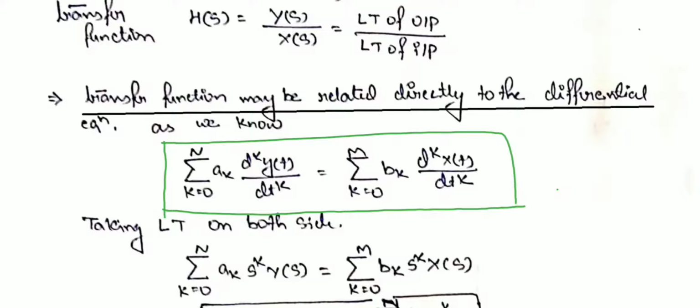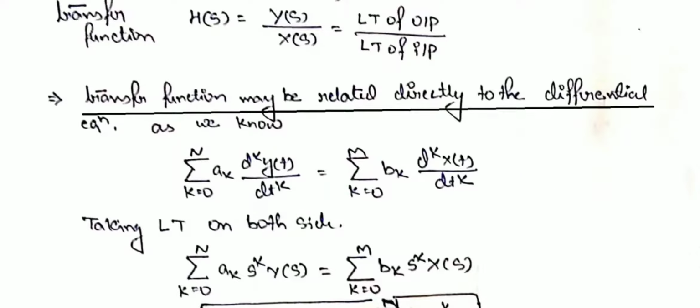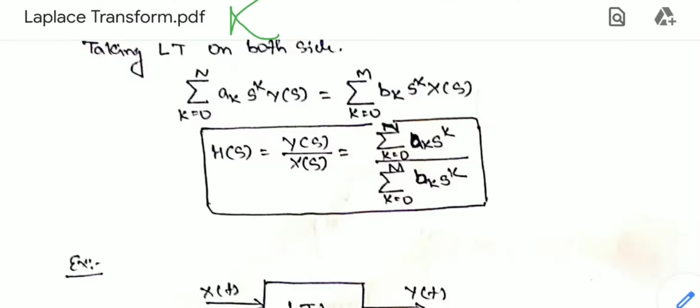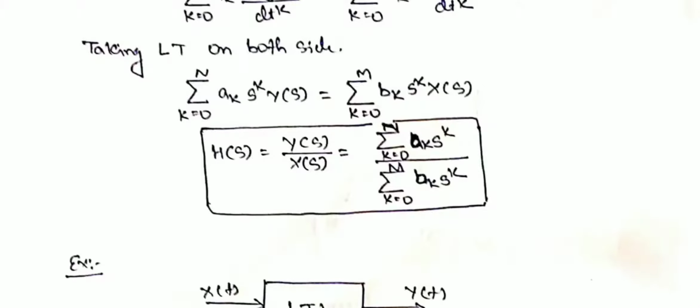If we take the Laplace transform on both sides, the system stays the same, but x(t) becomes X(s). We know the property that if we differentiate once and take the Laplace transform, only a single s is multiplied. Here the differentiation is k times, therefore s is multiplied k times, and the same case holds on the input side.